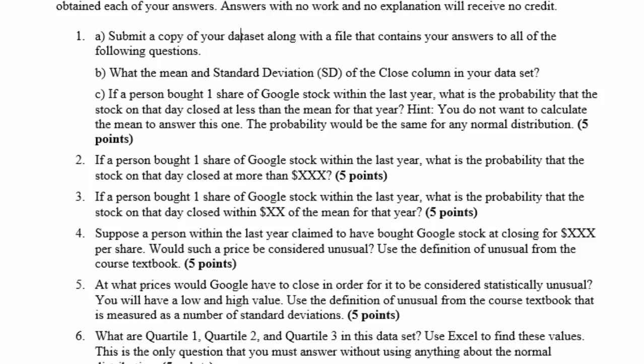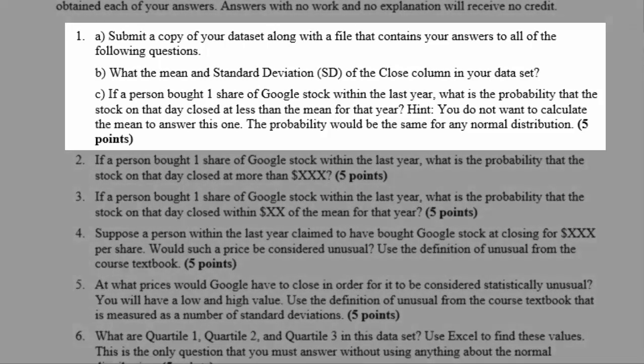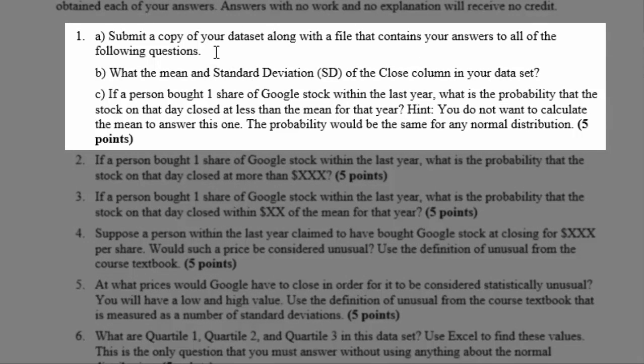All right, let's get into the questions that you're actually going to answer. First, you need to make sure that you submit your data set along with the file that contains all your answers. Most students, and I recommend this, just make it all one document. The same document that has the data set you downloaded, work in that document to calculate your answers. Then you can use Excel to find the mean and standard deviation.